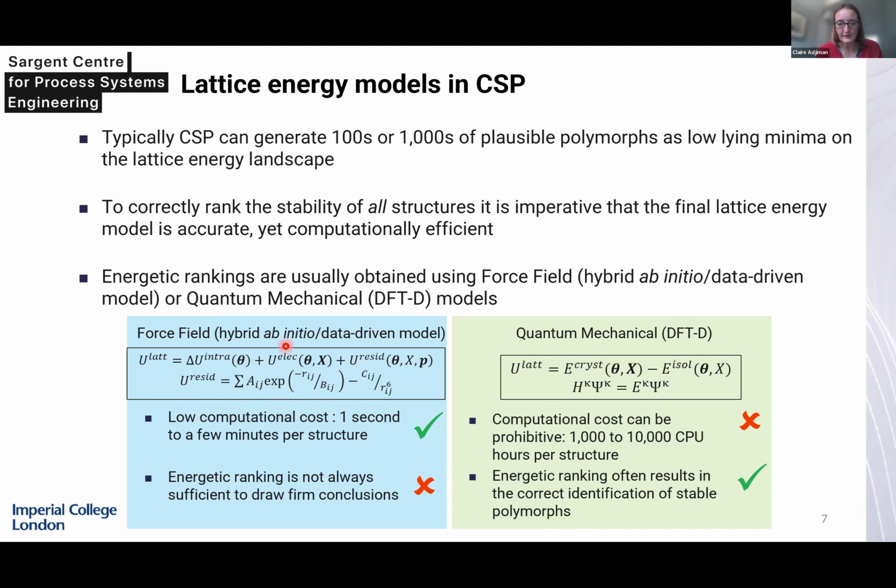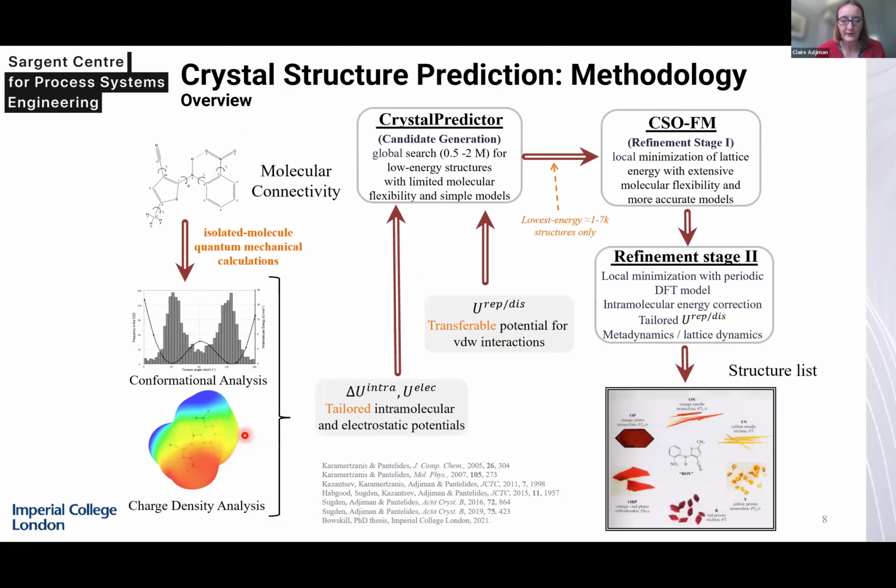We have the opportunity to do a bit of separation when we're looking at force fields. Unfortunately, with DFT-D, we're talking about thousands to tens of thousands of CPU hours per structure. But the good thing is that we get reliability, and we have the opposite behavior with force fields. It can be extremely cheap, but it's not very reliable. So we're always trying to achieve a balance between those two.